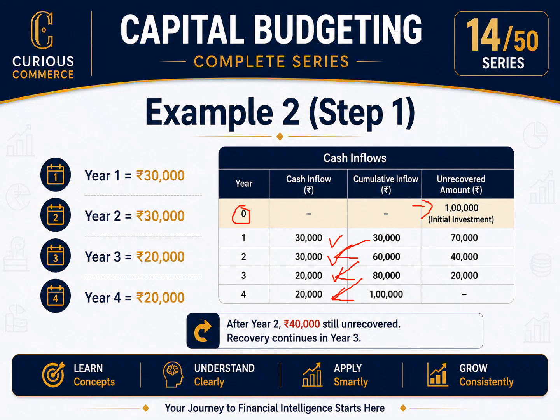The unrecovered amount is 70,000 at the end of the first year, 40,000 at the end of the second year, that is 1 lakh minus 60,000. At the end of the third year it is 1 lakh minus 80,000, that is 20,000 rupees. After the second year, 40,000 rupees is still unrecovered. The recovery continues in the third year.